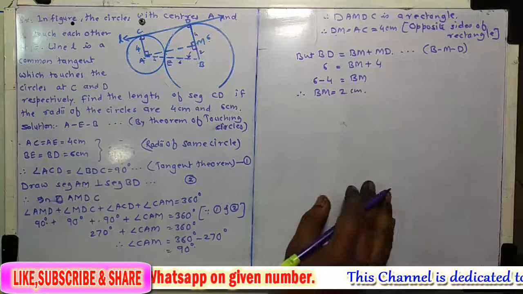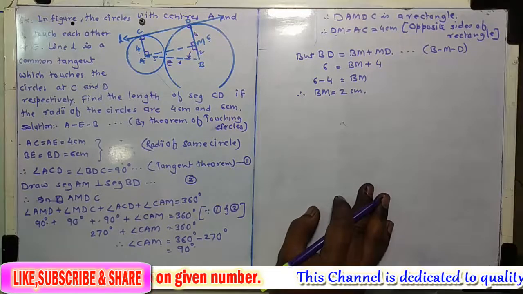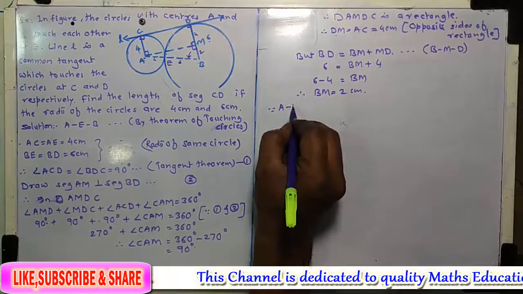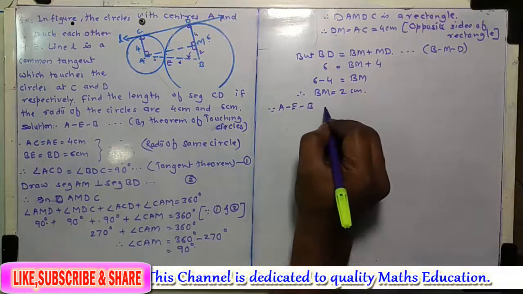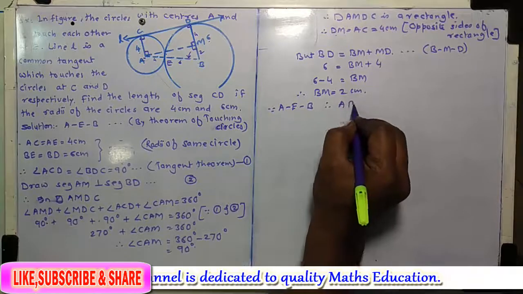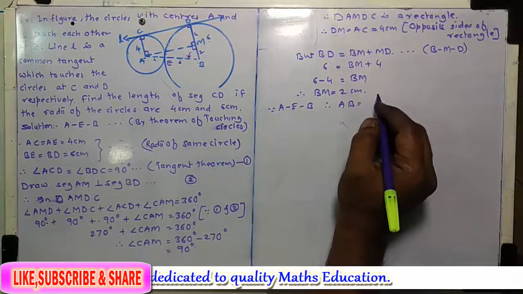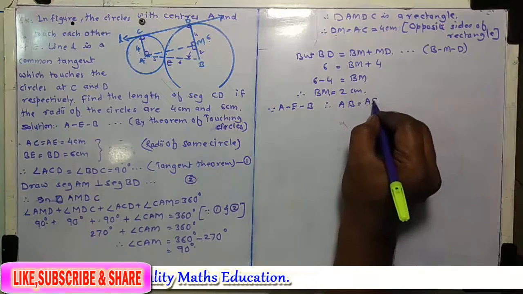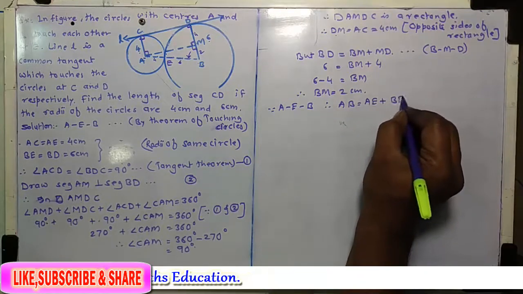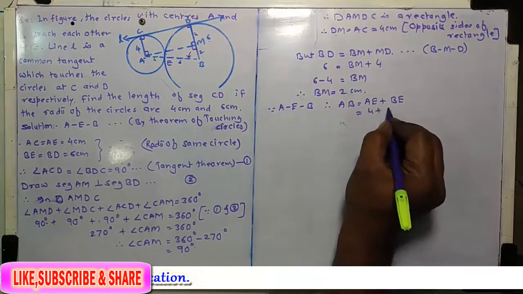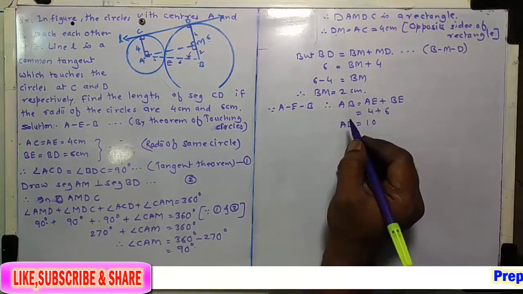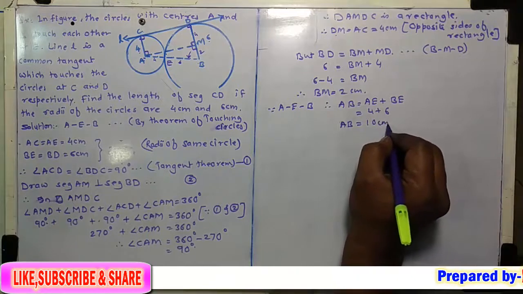So this is the value for BM. Okay, now AB is equal to, since A dash E dash B, therefore AB is equal to AE plus BE, that is equal to 4 plus 6, that is equal to 10. So this is the value for AB, 10 centimeter.